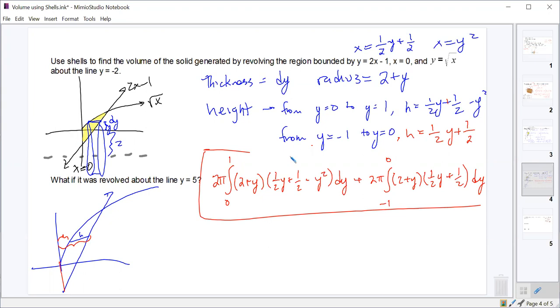And I'm not going to bother to go through and distribute all that out. That's a bunch of algebra and some fairly basic integration once you distribute it out that you should all be able to do. Conceptually, everyone okay with that setup though?